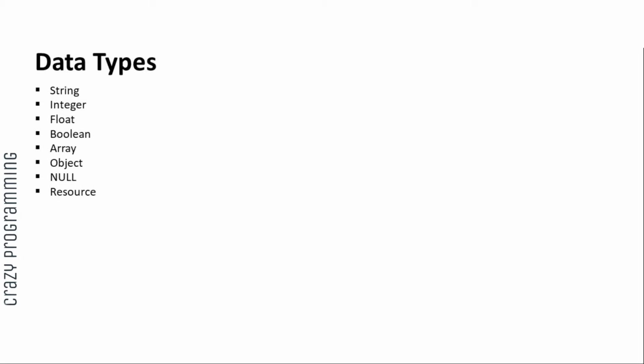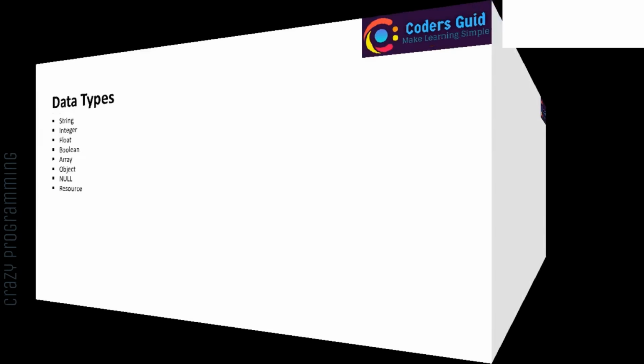And the second one, integer, float, Boolean, array, object, null, and resources. So we are going to use every single one in the next slides. Also, we are going to see it practically in the next videos. So let's start with the string.